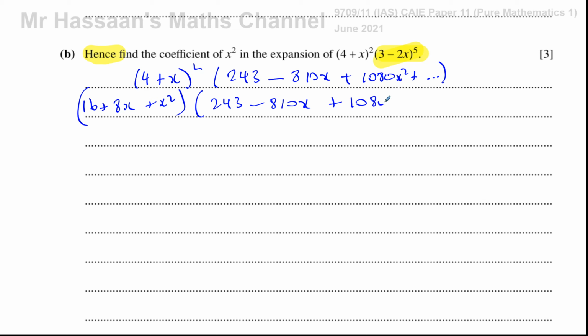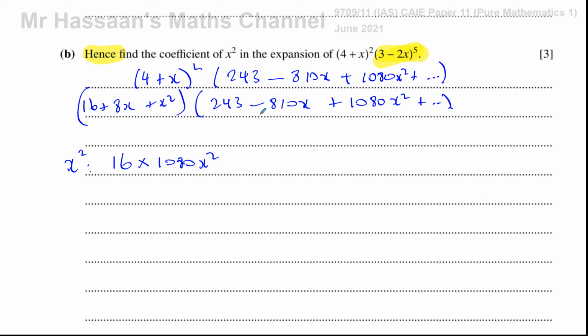So 1080 x squared. If we take the 16 and multiply it by this, it's going to give me an x squared term. So if we consider the x squared terms, we've got 16 times 1080 x squared. That's going to give us an x squared term. And then 8x times the x term here.